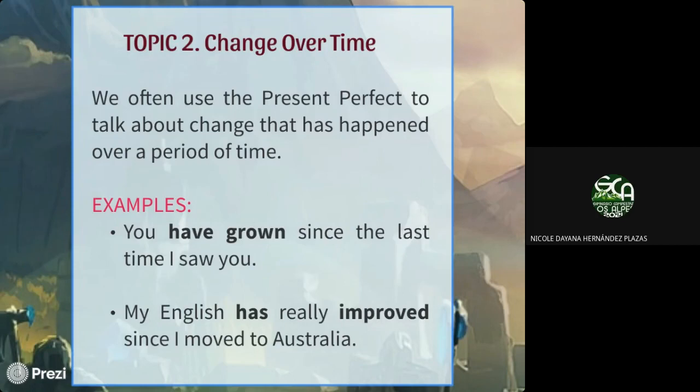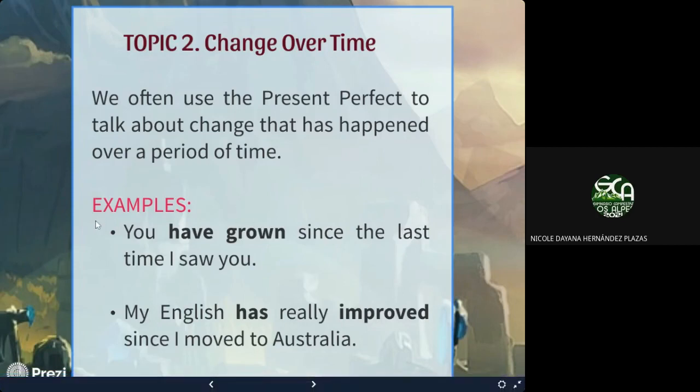Thank you. So, when you are going to talk about changes in time, about the changes that we have experienced till this time, you are going to use present perfect to talk about those changes over time.